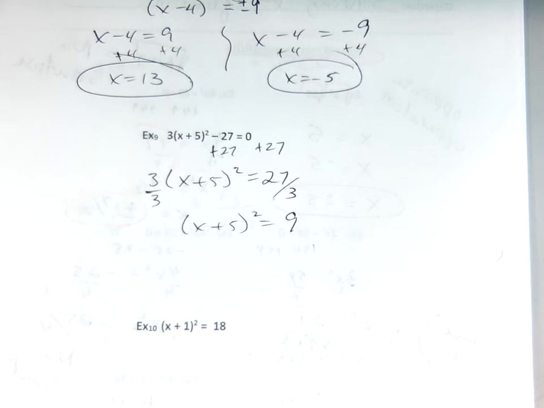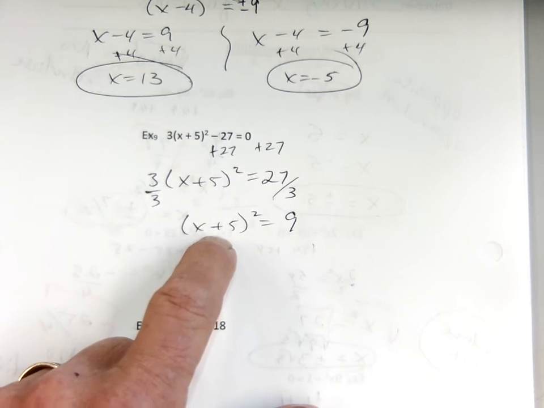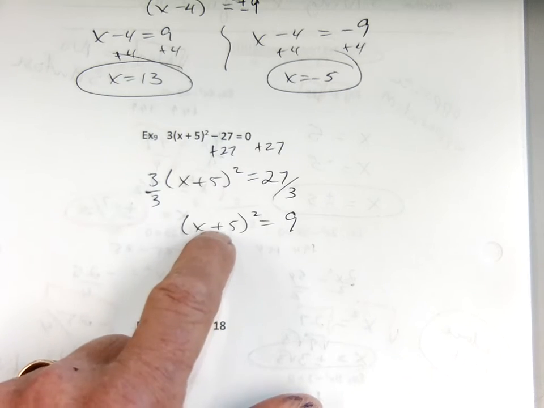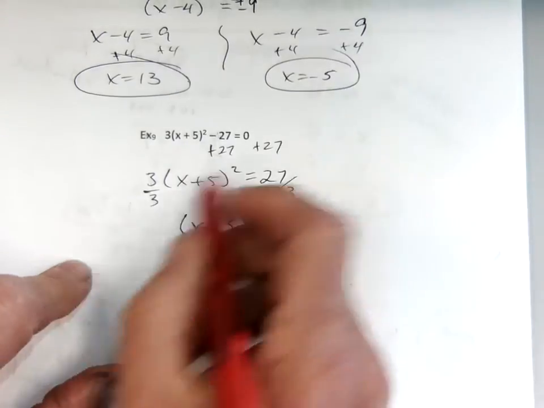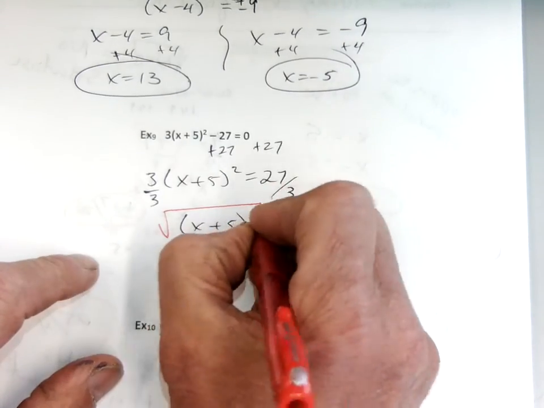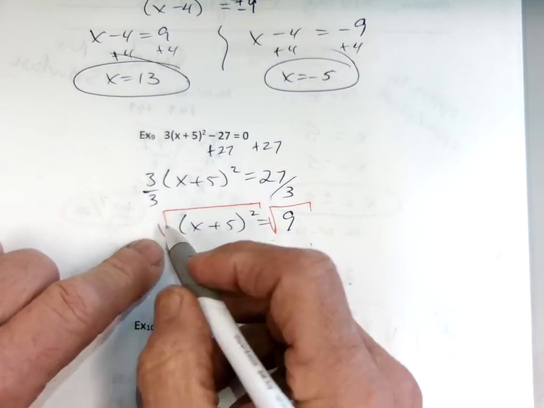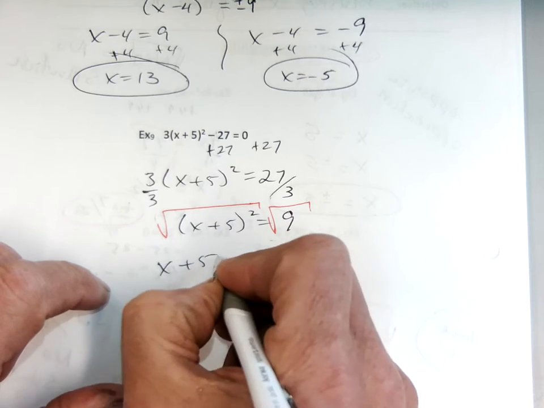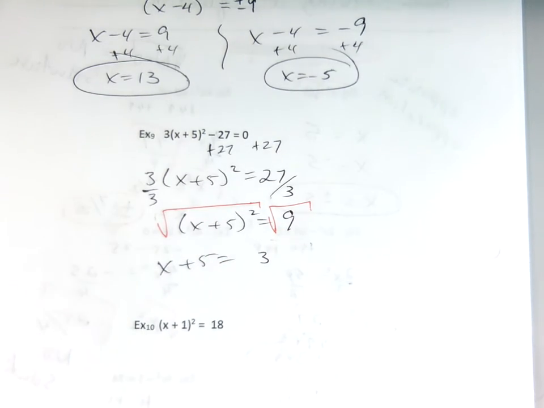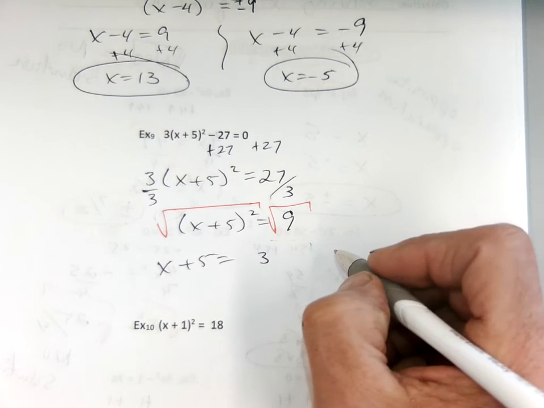And then what? I cannot go minus 5. Totally right, thanks, Scott. Don't go minus 5 because it's inside. To get rid of this expression, we have to get rid of the square, so we square root both sides. The square root is the opposite operation. The square cancels out, so I got x plus 5 equals 3. But I need two answers, don't I? Why can't you subtract 5?